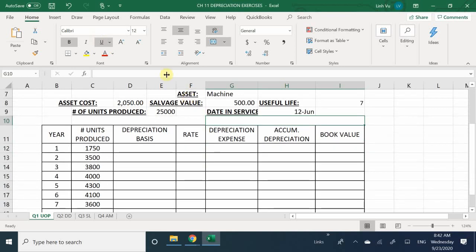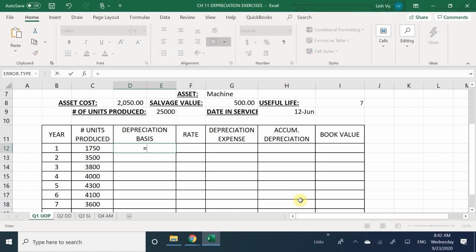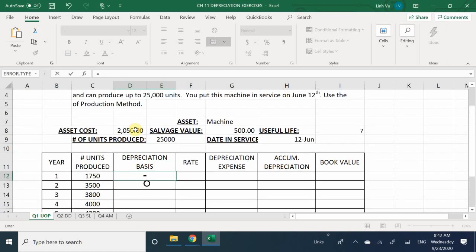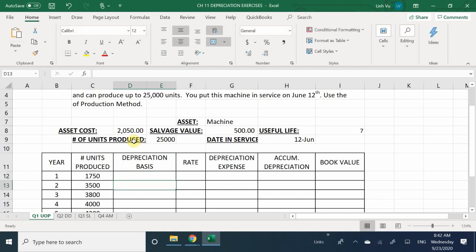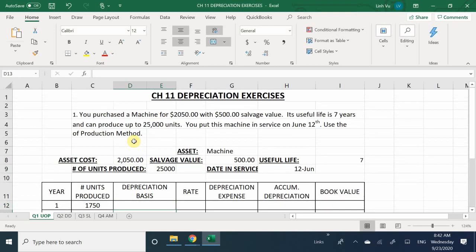What is the depreciation basis going to be for the first year? Lynn, your asset cost. Oh wait, I'm sorry. Go ahead. I have a question about the amount of the asset cost. Is that correct? Because according to the worksheet, it says the copy maker is for 250 million, but 250 dollars.